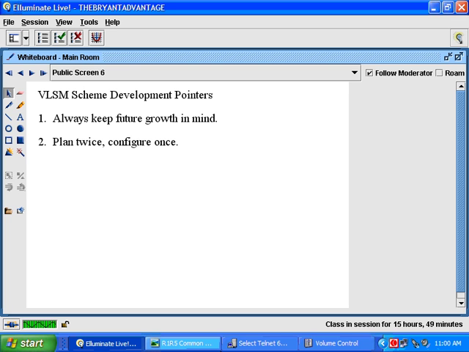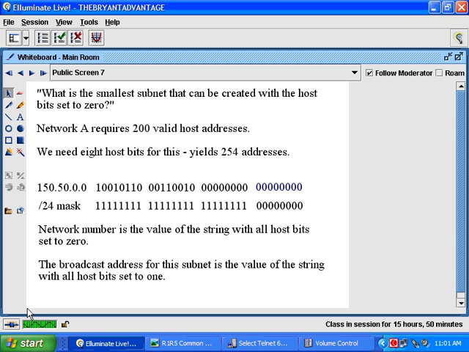Now again, you may not have to come up with any full-blown VLSM scheme during the BSCI exam like we're going to do here, but as a CCNP, you should be able to. And here's a method that has worked for me, it's worked for my students, it's worked in production networks all over the world, where you look at the major network number you're given. When I'm doing VLSM schemes, I like to start with the biggest networks first.